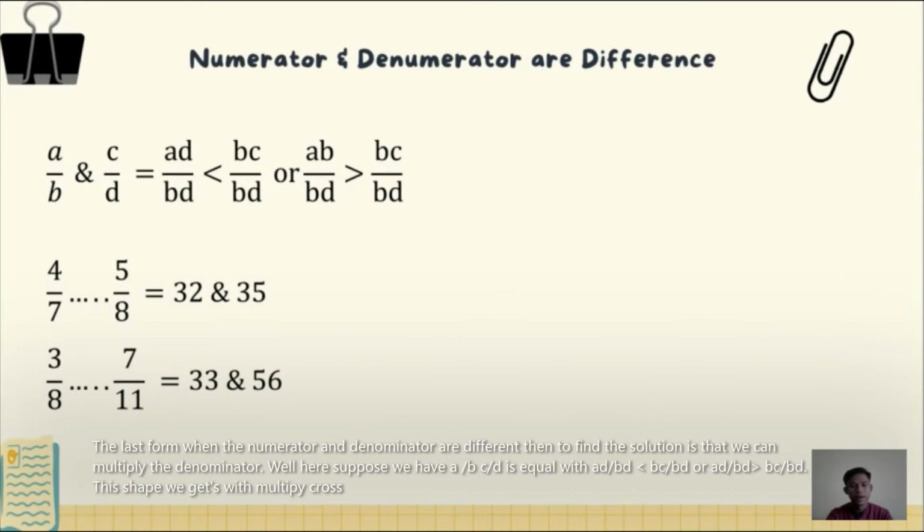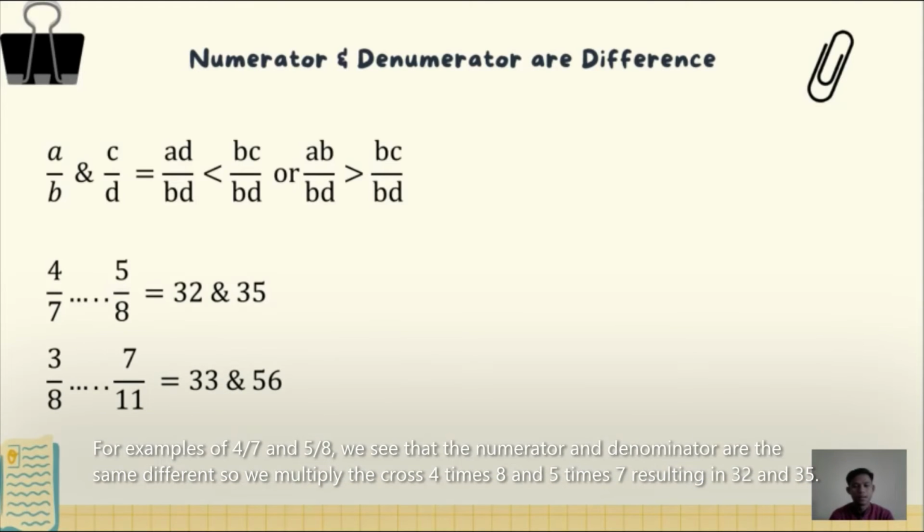The last form, when the numerator and denominator are different, then to find the solution we can use cross multiplication. Well, here suppose we have a over b and c over d. Then ad over bd is less than bc over bd, or ad over bd is greater than bc over bd. This step we get with cross multiplication.